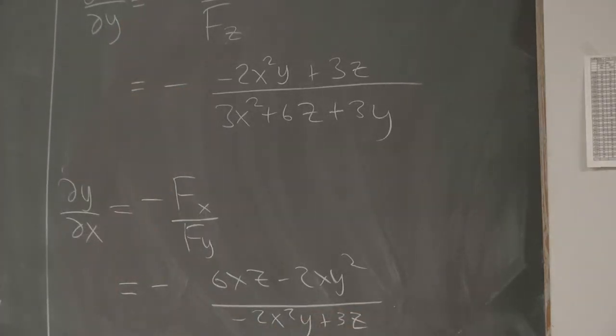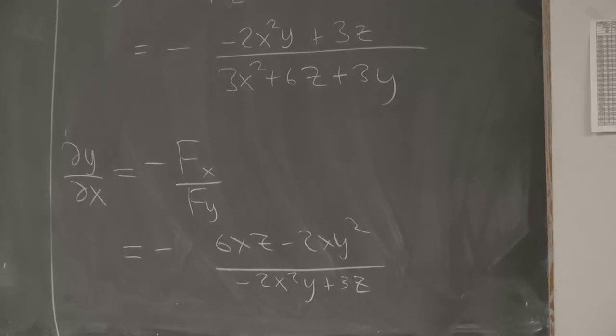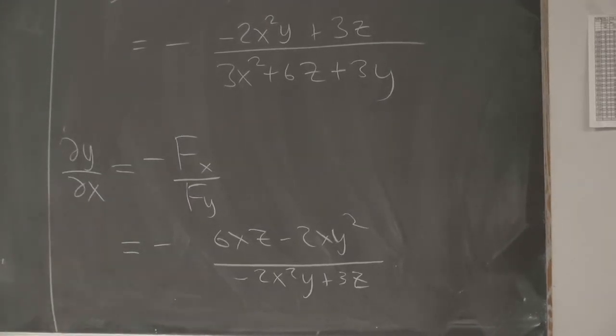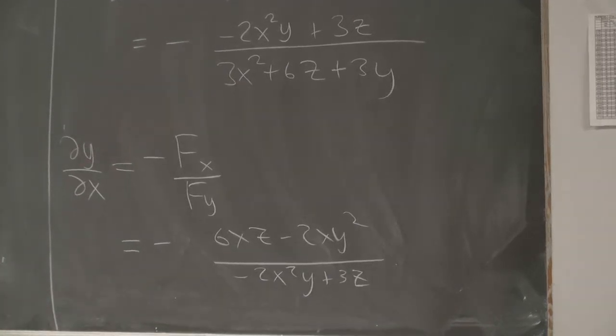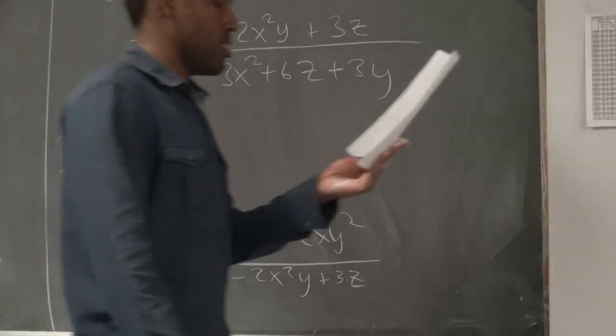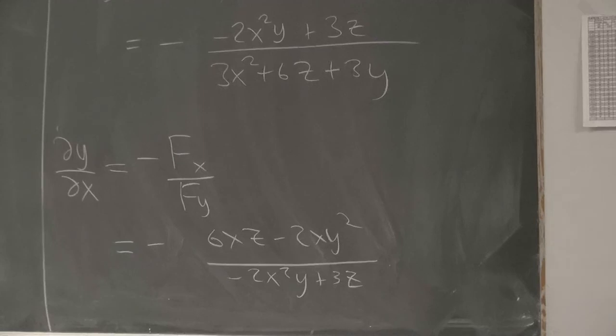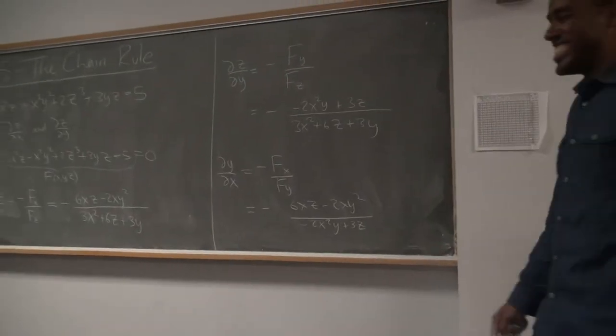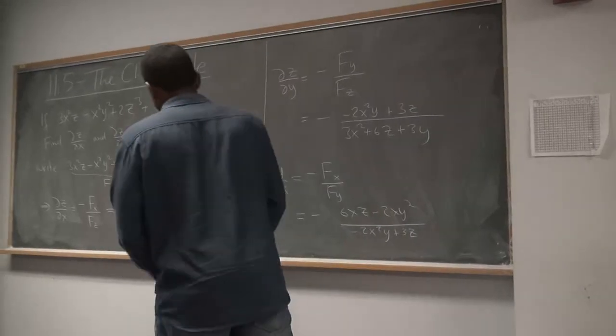One step. Right? That's how implicit differentiation should have been taught. But they couldn't tell you because you didn't know what a partial derivative was. And yeah, I guess on that note, we end.